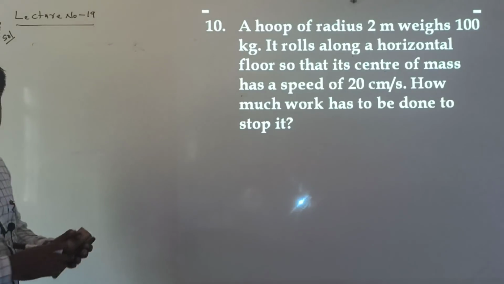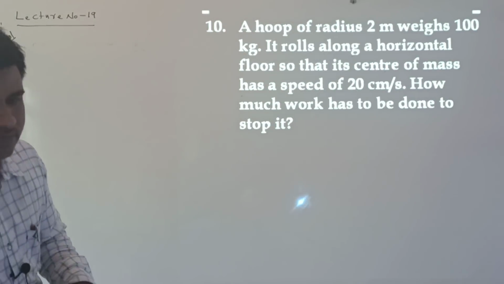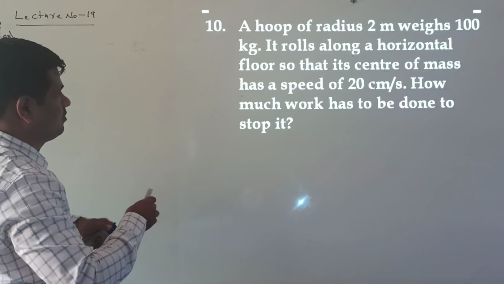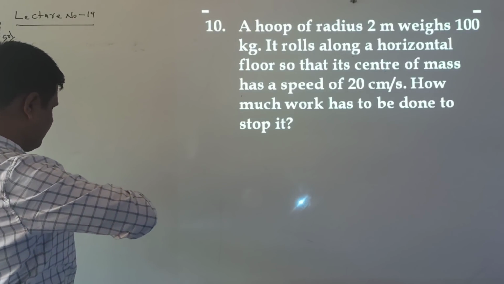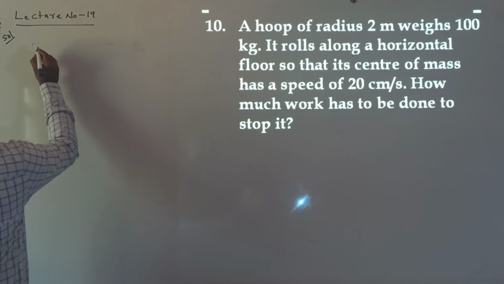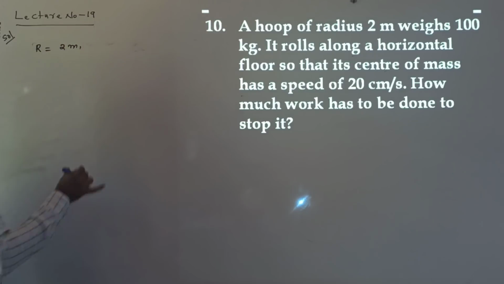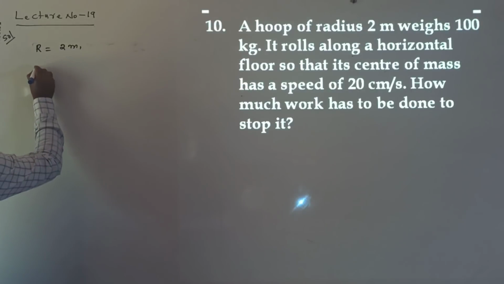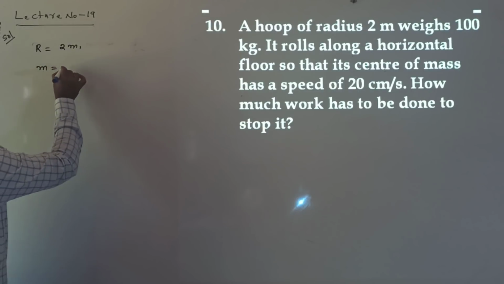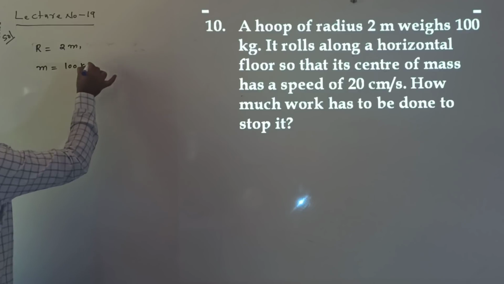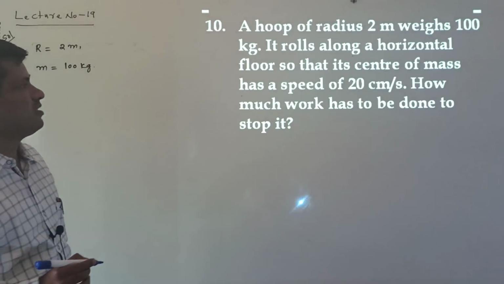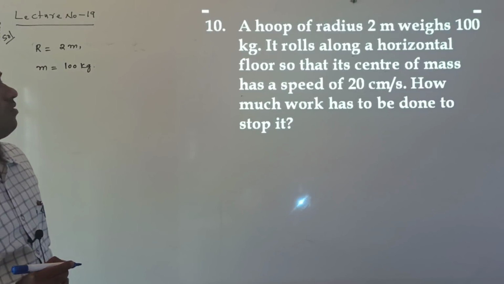First of all, radius is given in meters. R is equal to 2 meter. Listen carefully. Mass is 100 kg given. It rolls on the horizontal floor, so rolling motion is given.